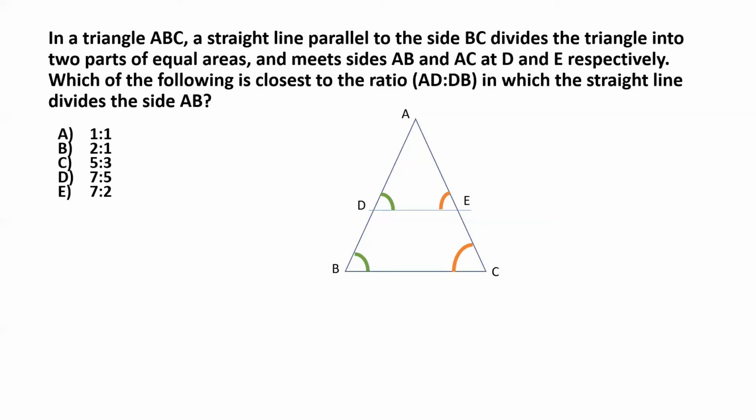And we know from the property of similar triangles that the ratio of corresponding sides as well as the altitudes of the triangles should be equal.